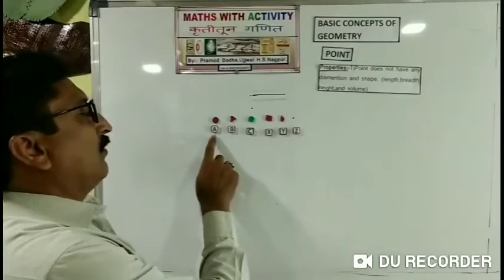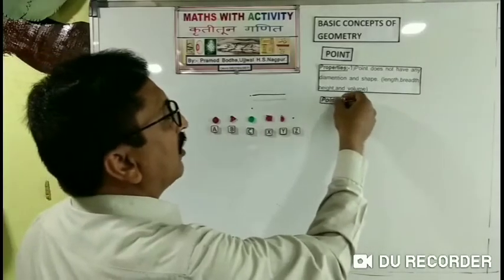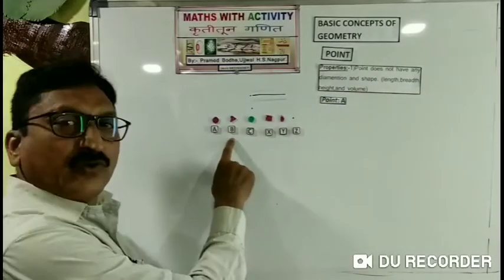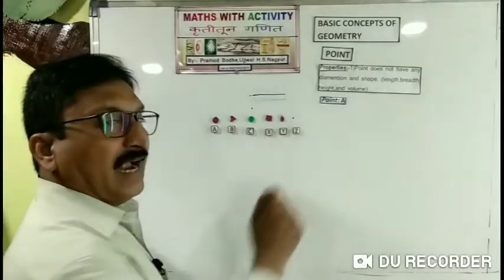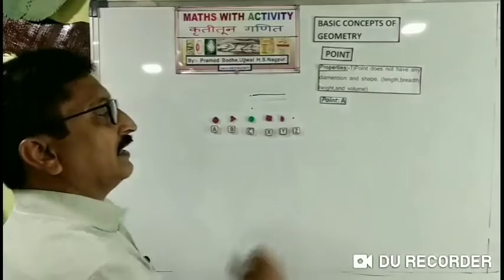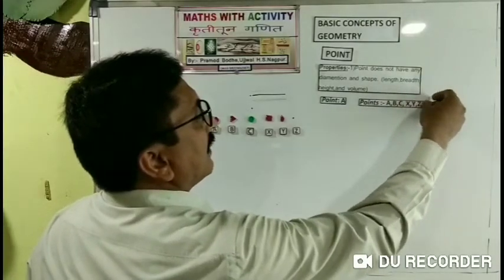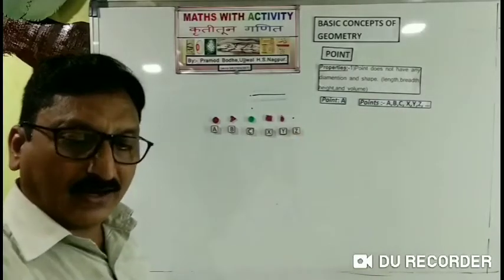Suppose we have to denote the first point, this first point is written as point A. Similarly, for the next point you can write point B, point C and so on. But suppose you have to write all the points at once, then you can write the points A, B, C, X, Y, Z.